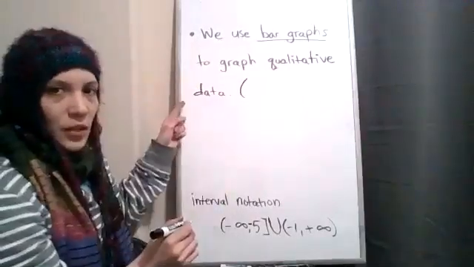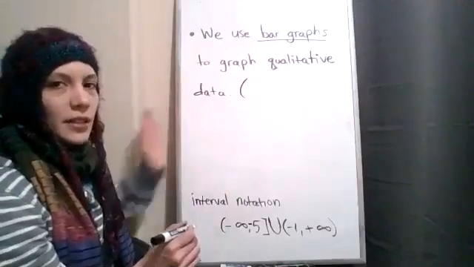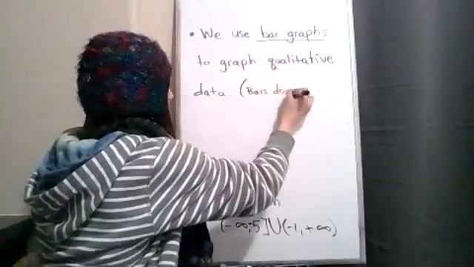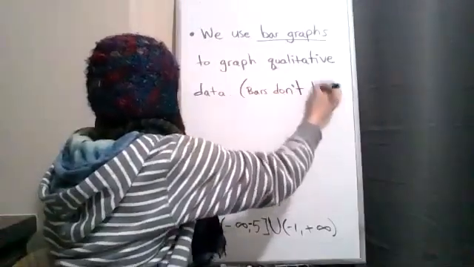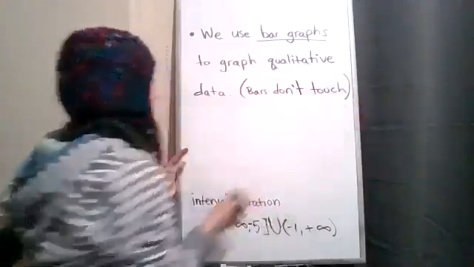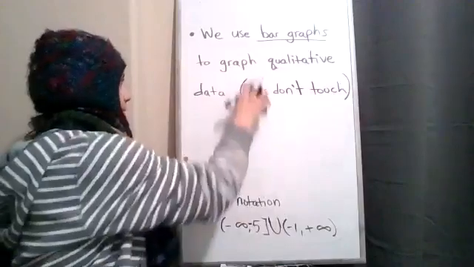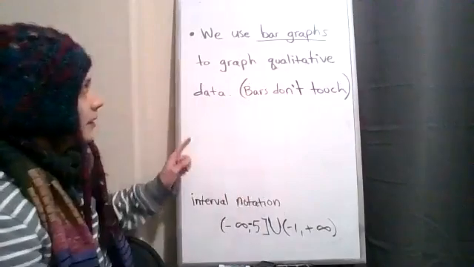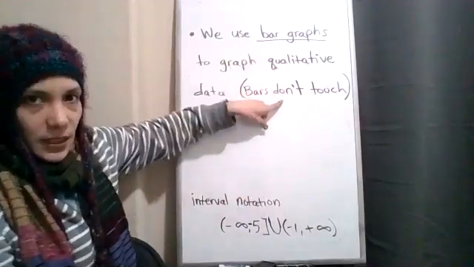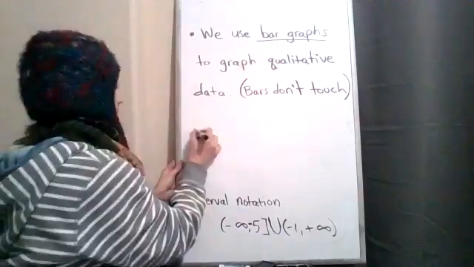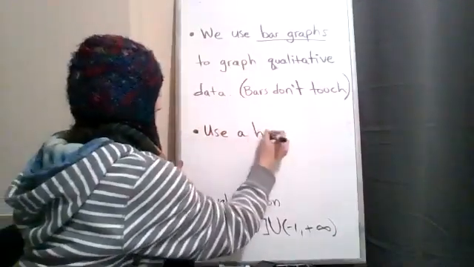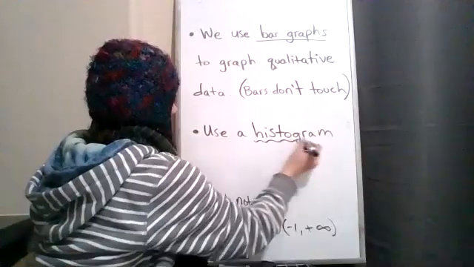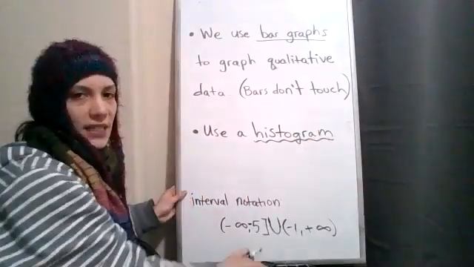These kinds of graphs, you have these bars and the bars don't touch. Your categories are separate from each other. So the bars in your bar graph do not touch. Use a histogram to graph quantitative data.